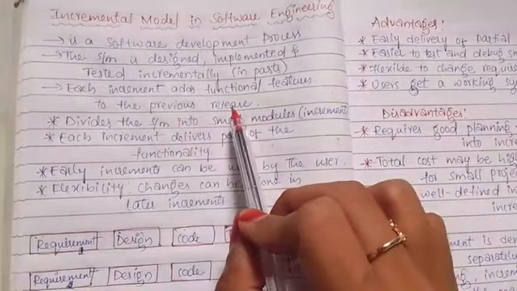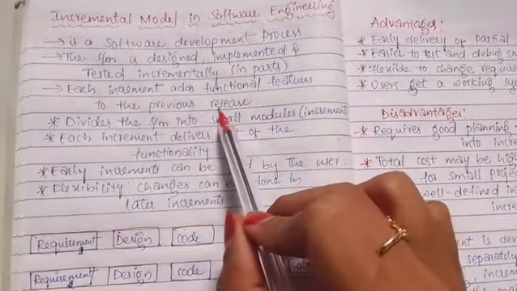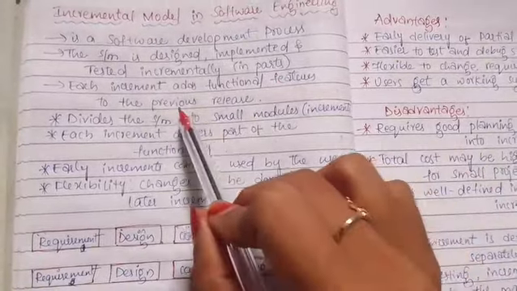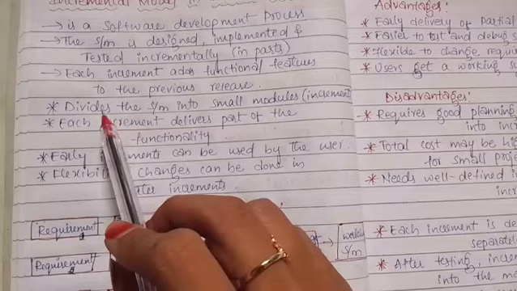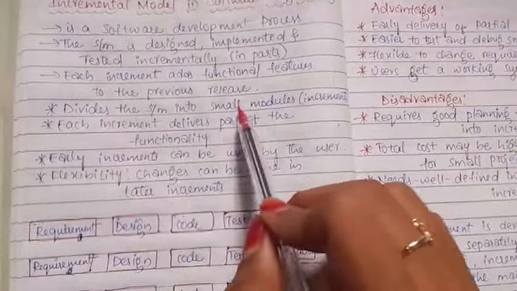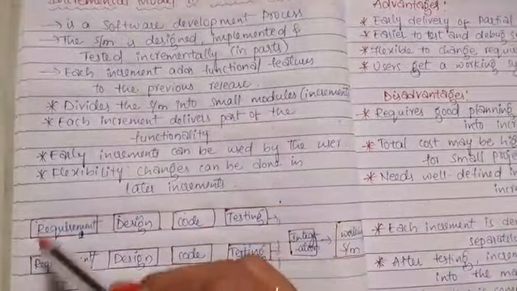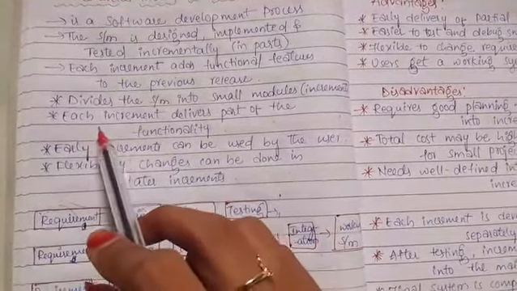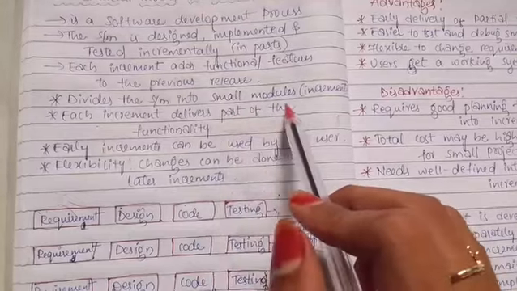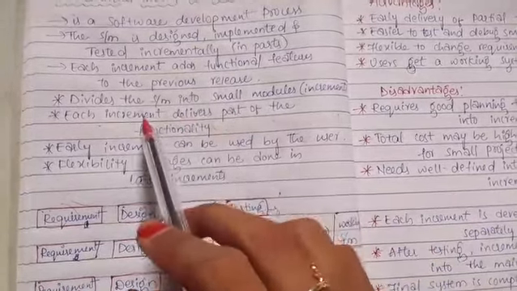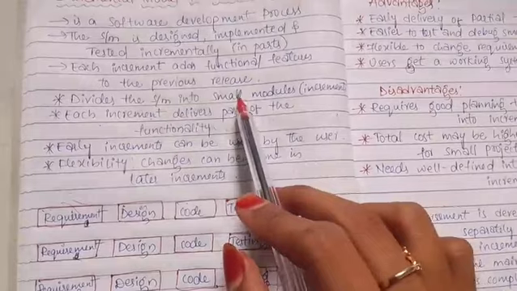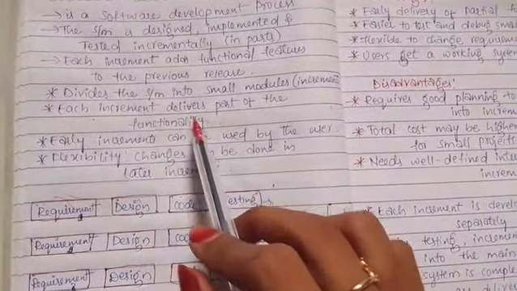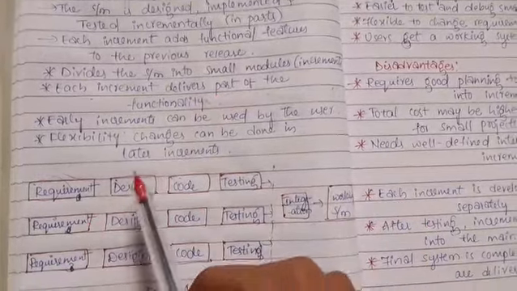The whole system is divided into small modules, or increments, and each increment delivers a part of the functionality.